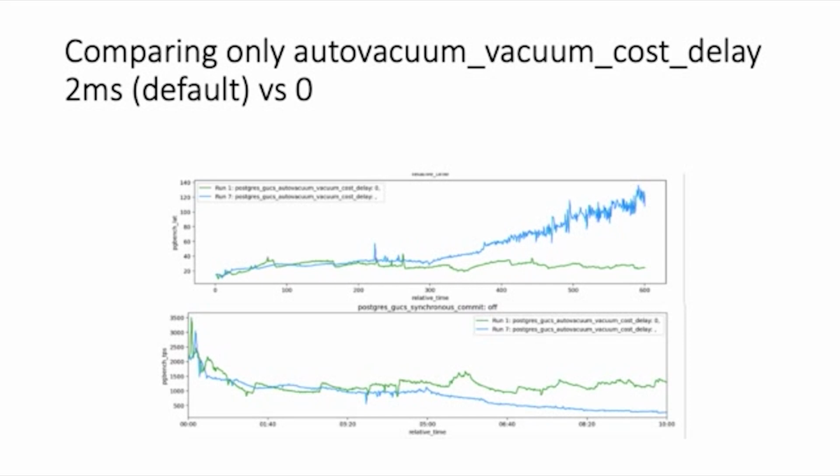I was just thinking of auto vacuum cost delay set to 0. In the real world, I've seen some big painful effects from that. It's always hard to make a benchmark that actually matches reality, and I didn't really try to. If there's anything I want you to take away from this, it's don't take configuration advice from this presentation.